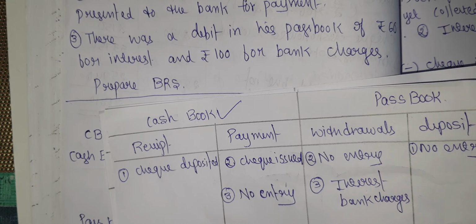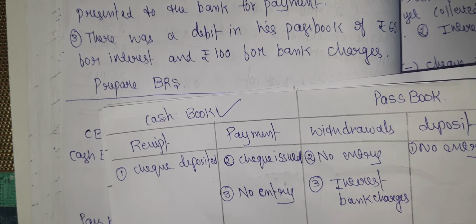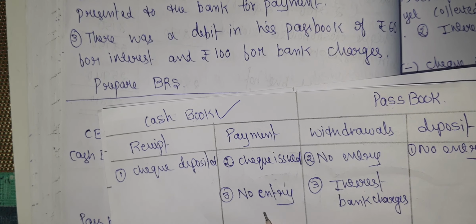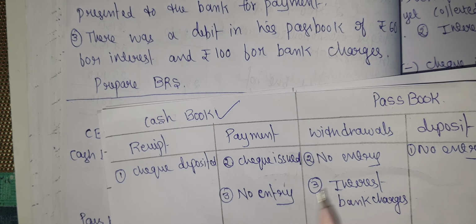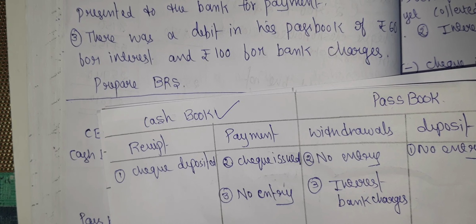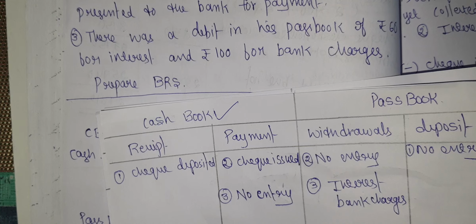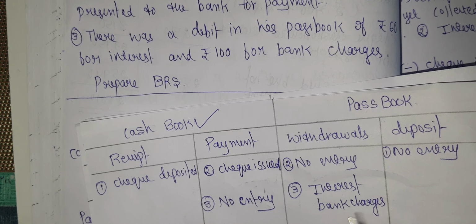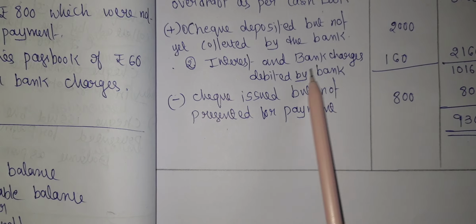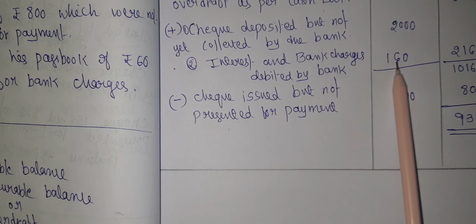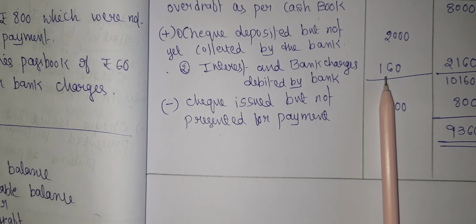Here there is no change in the balance, but the passbook balance is less compared to the cash book, which means the cash book balance is more. More means the cash balance is increasing, so we have to add this transaction. See here, interest and bank charges debited by the bank, that is rupees 160.